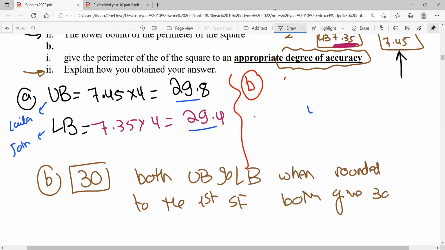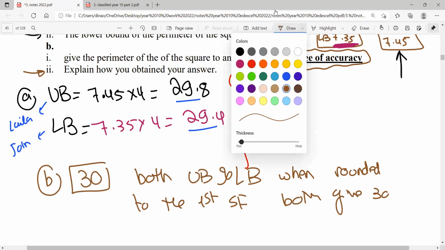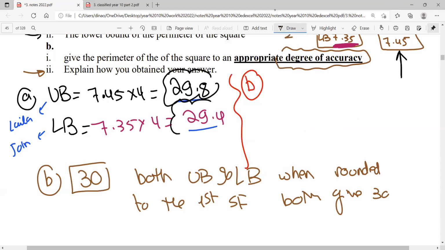So the degree of accuracy is a number such that the upper bound and the lower bound are both rounded to the same significant figure so that both give me the same answer. That is the degree of accuracy. So what is the degree of accuracy?